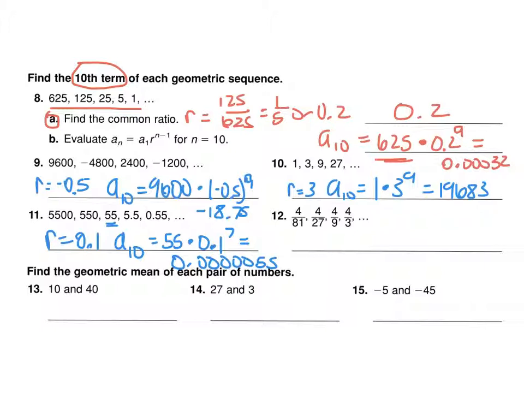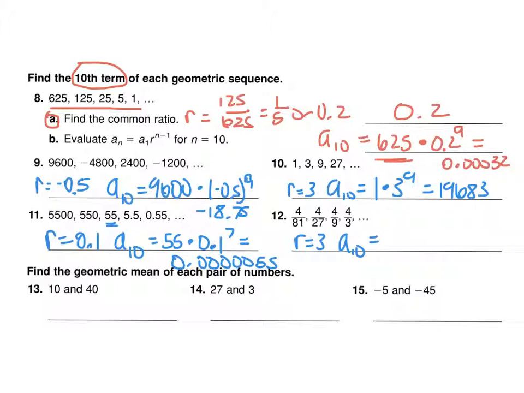Okay, our last geometric sequence happens to be 4 over 81, 4 over 27, 4 over 9, 4 over 3. First thing we need to get is a common ratio. So we're going to divide 4 over 27 by 4 over 81. And so that common ratio works out to be 3, believe it or not. So when we're doing a sub 10, we're going to do a term that we know.